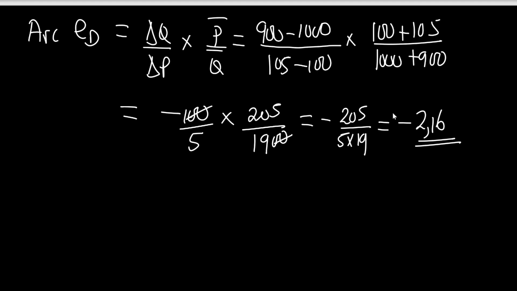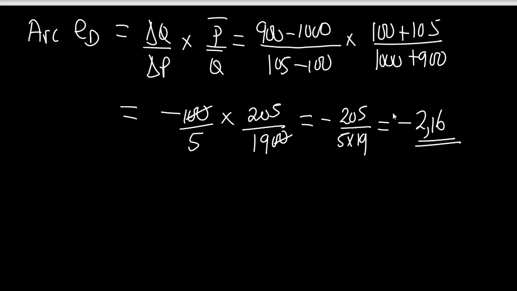The answer you get here must be close to what you got when using the first formula, the price elasticity of demand. Okay. Only use this formula when you're asked to use this formula. By default, we use the first formula, which is called the point price elasticity of demand. Whenever they say price elasticity of demand, they are referring to the point price elasticity of demand.